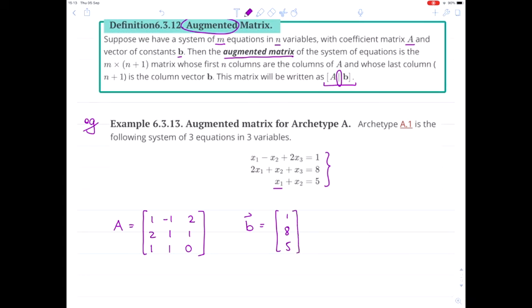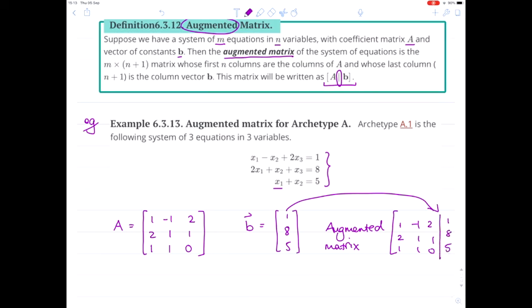And our augmented matrix is going to be 1, minus 1, 2, 2, 1, 1. So I'm copying A exactly, and now I'm just popping B in, and I use a line to differentiate where A changes into B. It's not clear at the moment why we would want to do this, but in the next lecture you'll see why it's so important.